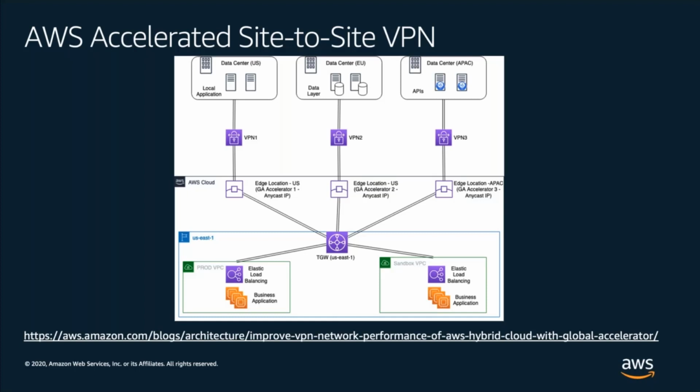And so you get the benefits of the Amazon network to route traffic from your branch or data center over the edge location, and then over the Amazon network back to the transit gateway in the region. This is fully managed, so you incur Global Accelerator charges, but you don't need to actually manage the accelerators. VPN does that heavy lifting for you, and we work together to enable that.